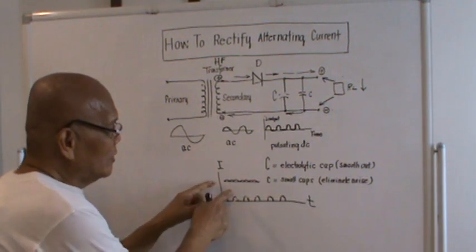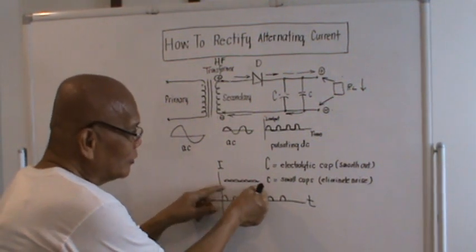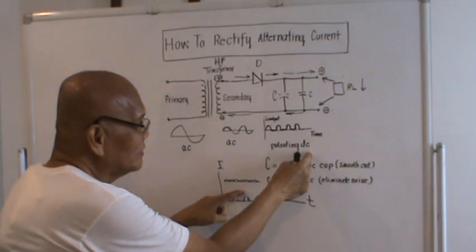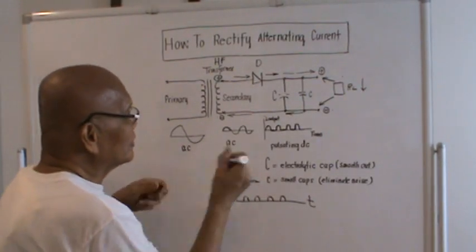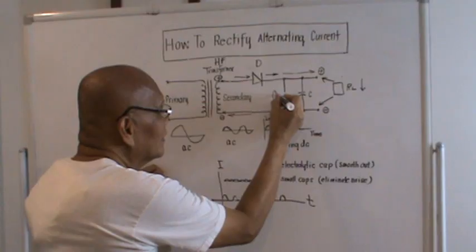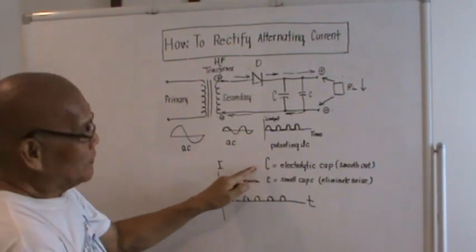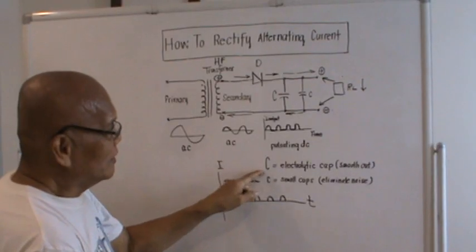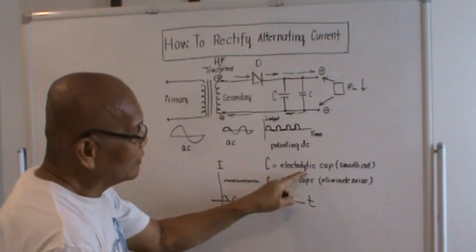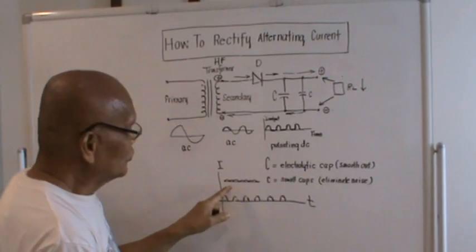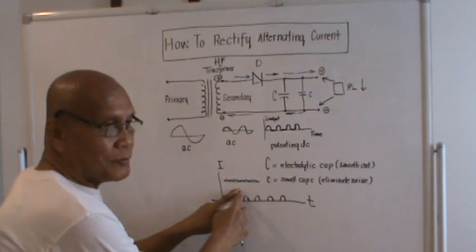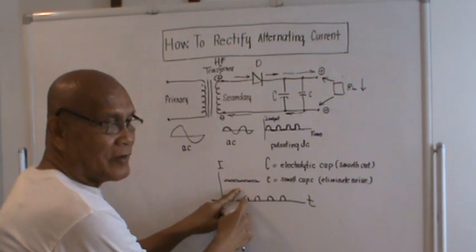And to help smoothen out the output of the pulsating DC, we use a so-called capital letter C here. I place here capital letter C. This will be electrolytic capacitors, used to smoothen out the output voltage. Okay?